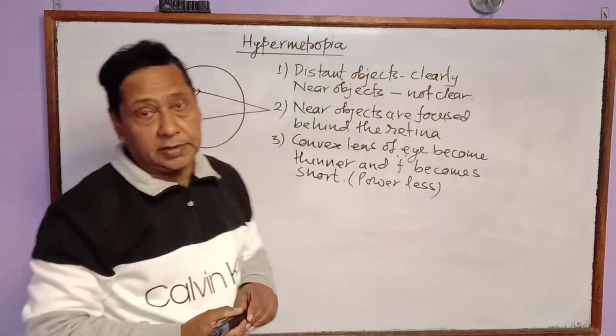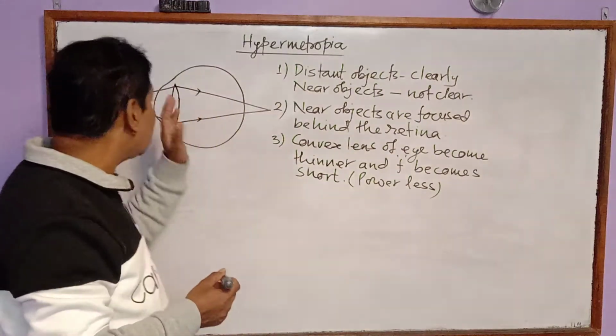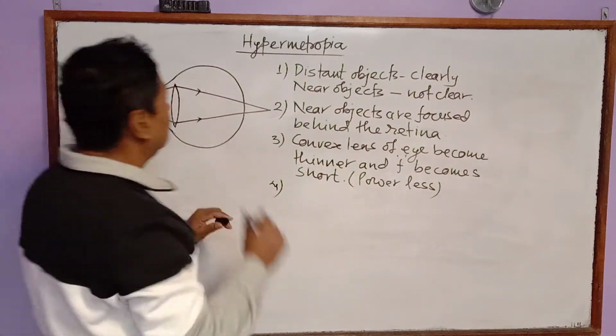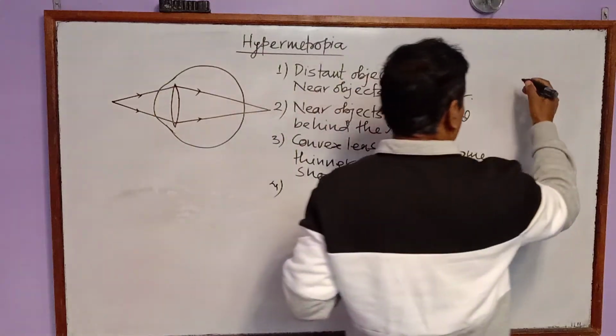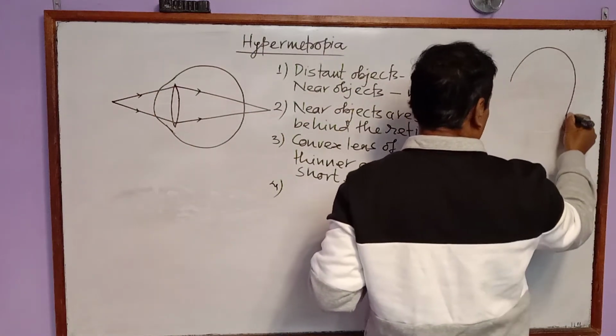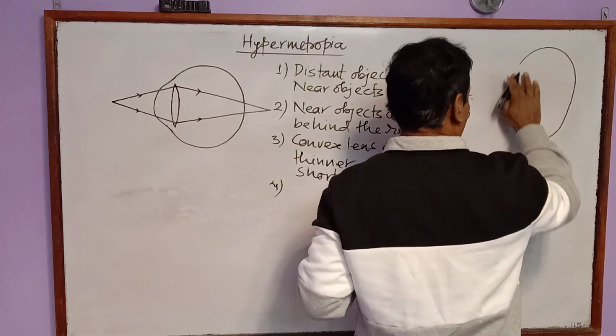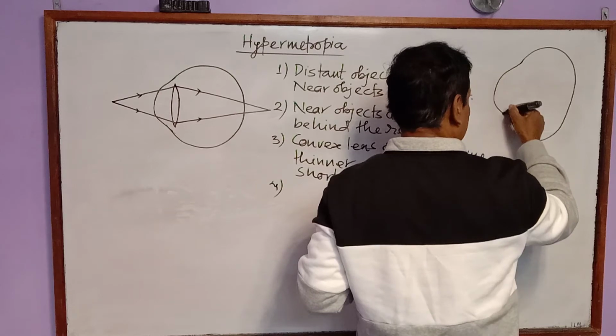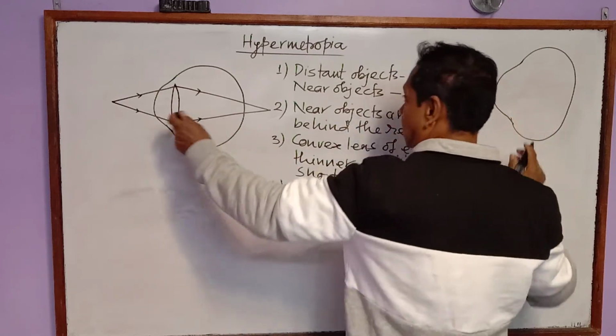This is another characteristic. Now next, this defect is also because of one more matter. In this defect actually the eyeball is bulged. This can be represented this way just for understanding. The eyeball is not normal like this.